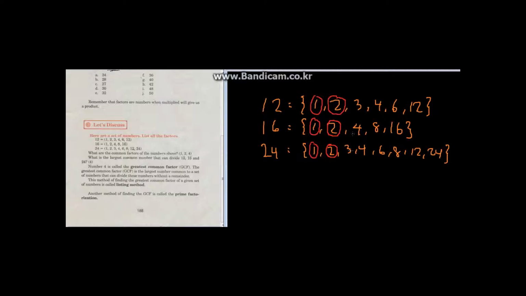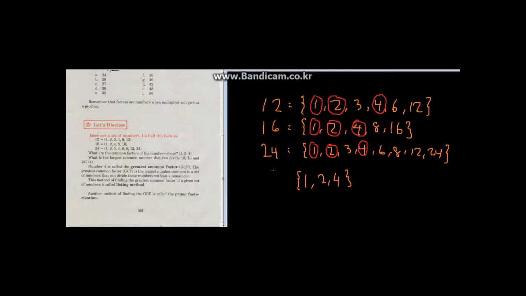And 3 is not, since 3 is not inside of this set of numbers. 4 is a common factor since it is inside all of the brackets here, and 6 is not, and 8 is not. So the common factors for all three numbers are 1, 2, and 4, right?